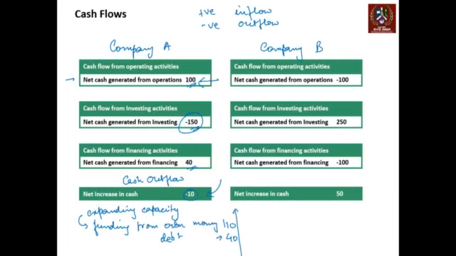Let's, on the contrary, see what company B is doing. Company B is losing money on operations, right? There is an inflow on account of cash from investing, and an outflow in terms of cash from financing activities. Now, if there is an outflow when you're not really generating cash, then it is unlikely this is on account of dividends.